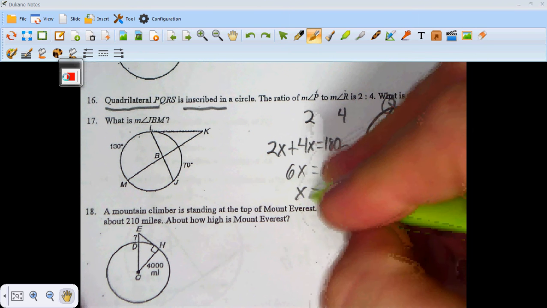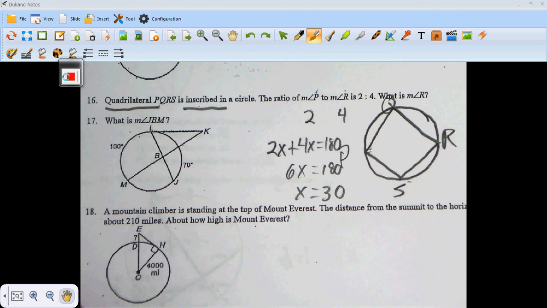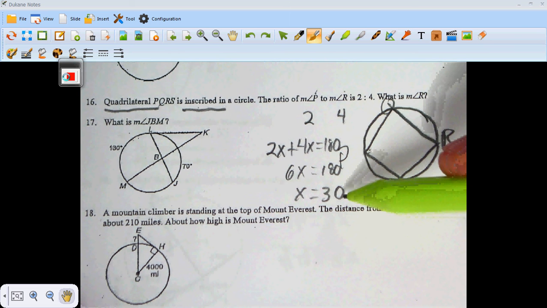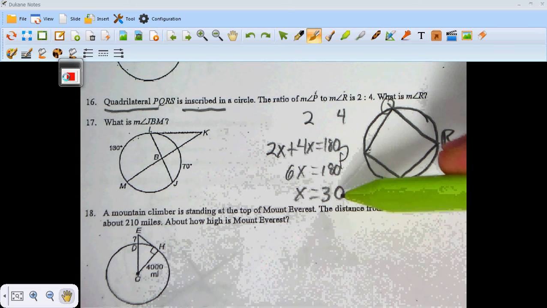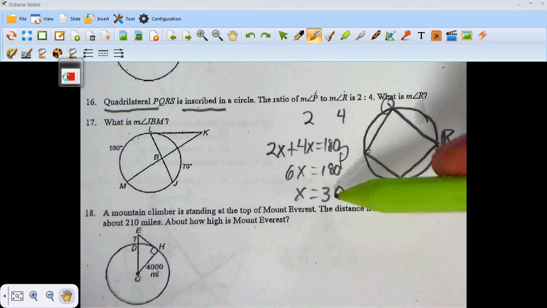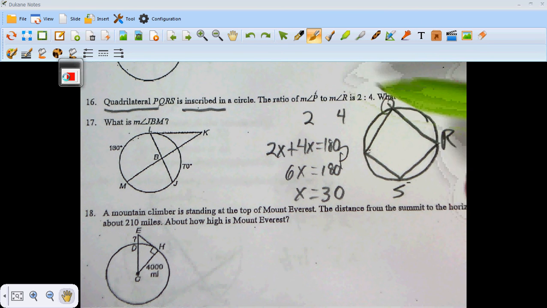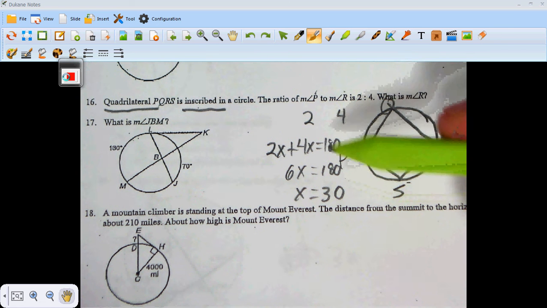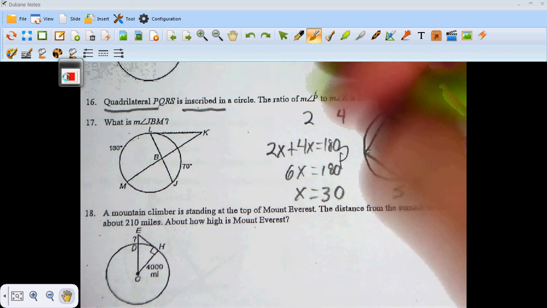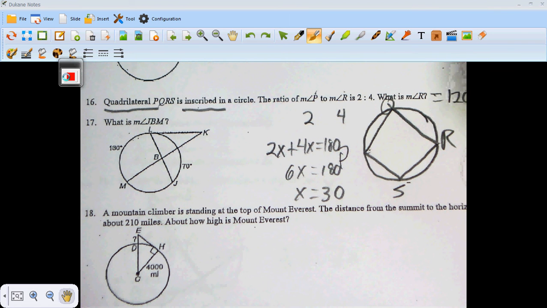X is equal to? 180 divided by 6 is 30, right? I'm sorry, I wrote a 3. Okay, so x is 30. So now I can plug in, angle R is represented by the 4x. So if I plug the x in, 30 times 4 is 120. So angle R is 120 degrees.